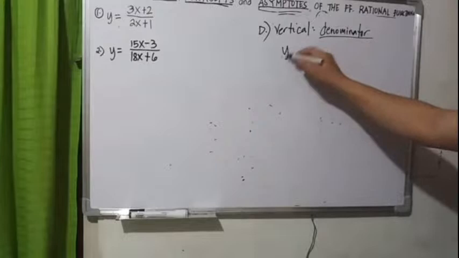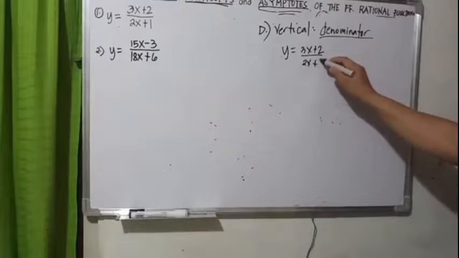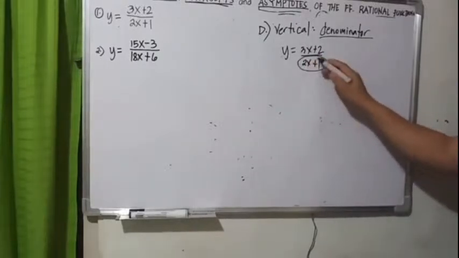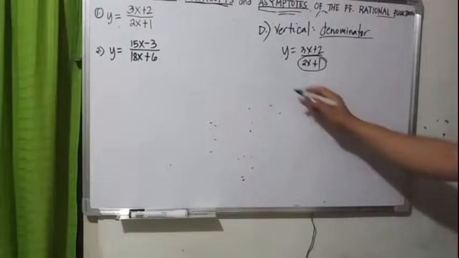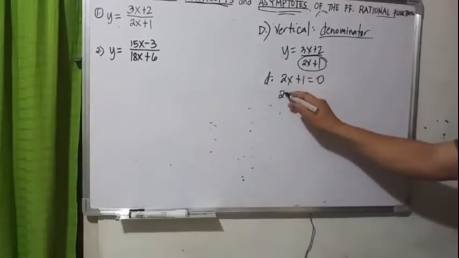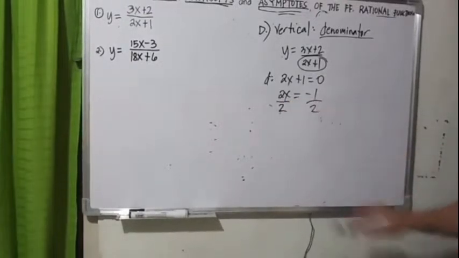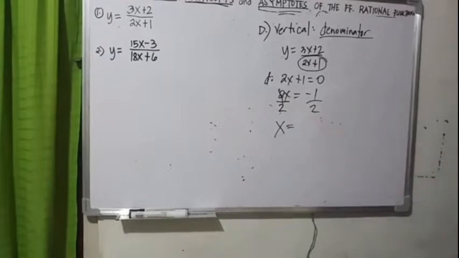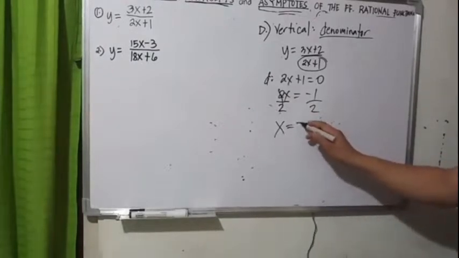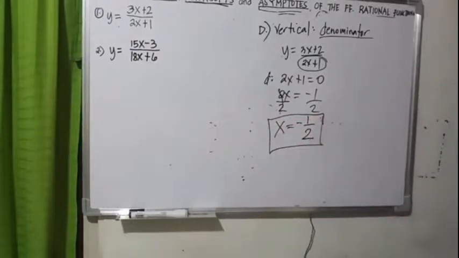So ang given is y equals 3x plus 2 over 2x plus 1. I-equate lang natin yung denominator sa 0. So 2x plus 1 equals 0, 2x equals negative 1. Divide both sides by 2. So ang vertical asymptote natin is x equals negative 1 over 2.